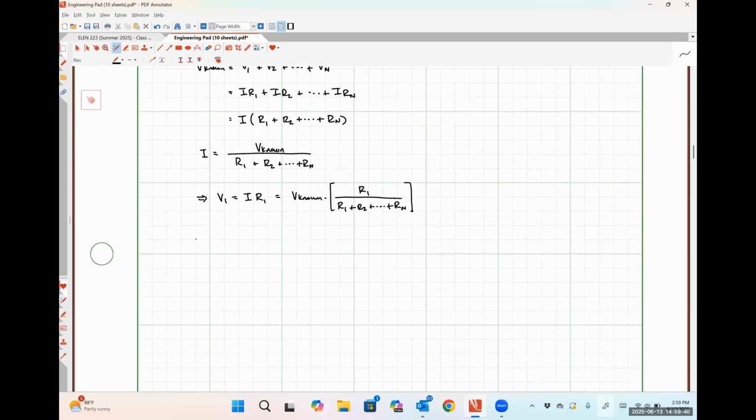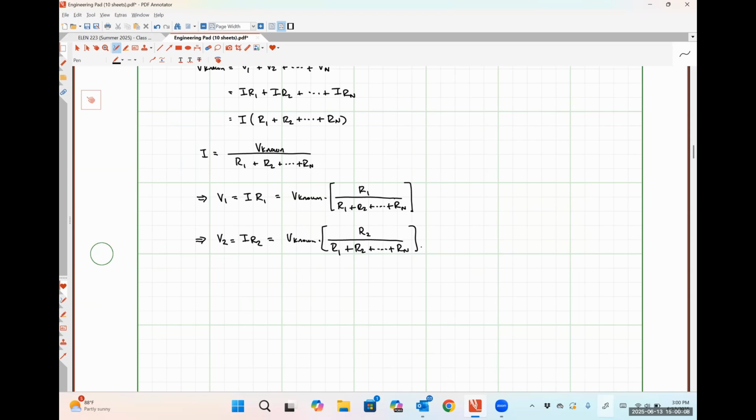And pretty similarly, we could say that V2 is just going to be I R2, or V known times the ratio of R2 divided by R1 plus R2 all the way out to R sub n.